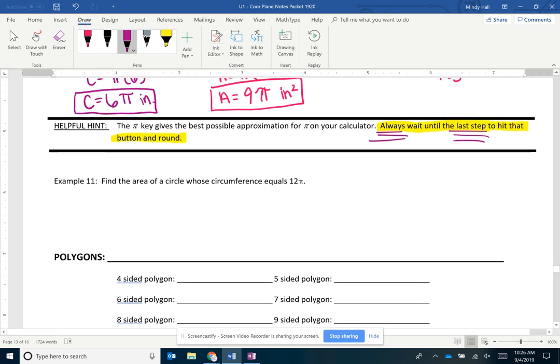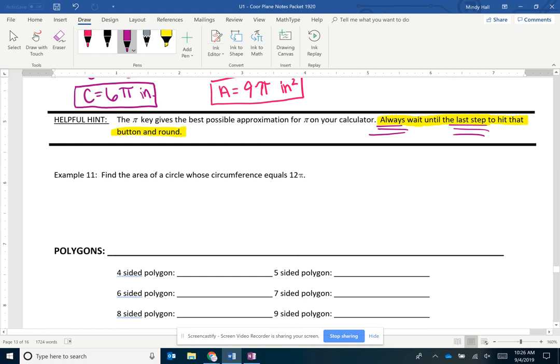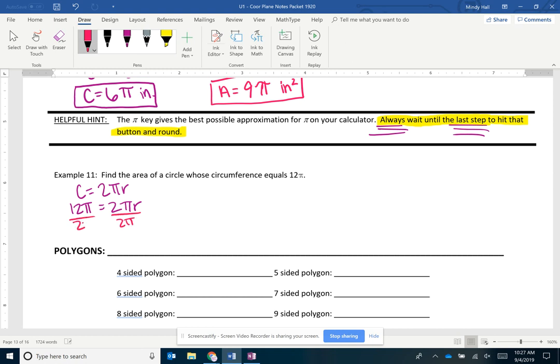So if I have the area of a circle whose circumference is 12 pi, remember circumference is 2 pi r or pi times diameter. So if my circumference is 12 pi, I'm replacing the C with 12 pi and solving for r. So I'm going to divide by 2 pi, because the pi's cancel. And then 12 divided by 2 is 6, and the pi cancels.